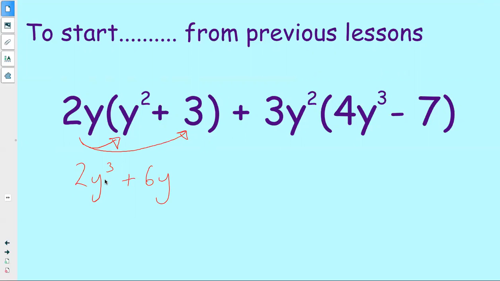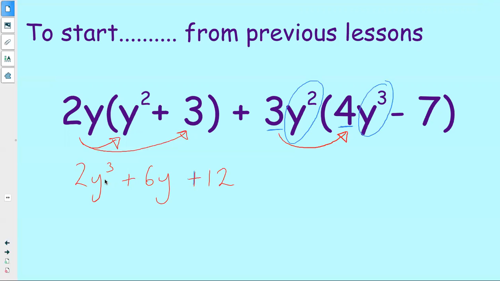Then you go on and multiply out the second bracket. So 3y squared multiplied by 4y cubed. You can think about it almost separately and do your 3 multiplied by your 4 first, which is a positive 12. And then your y squared multiplied by y cubed.